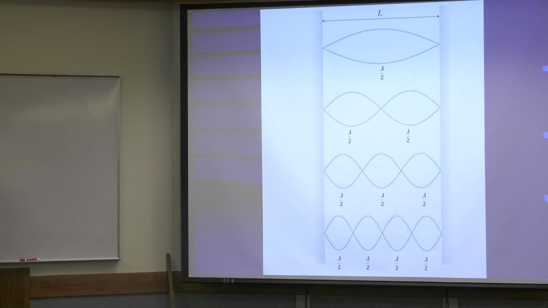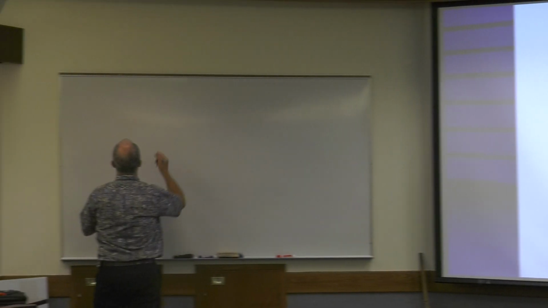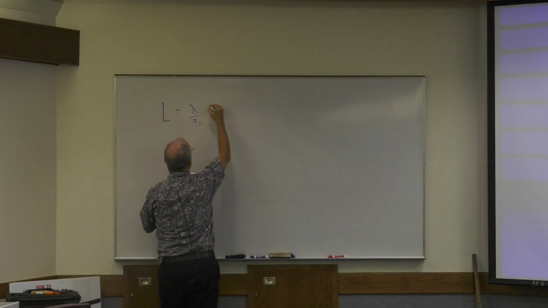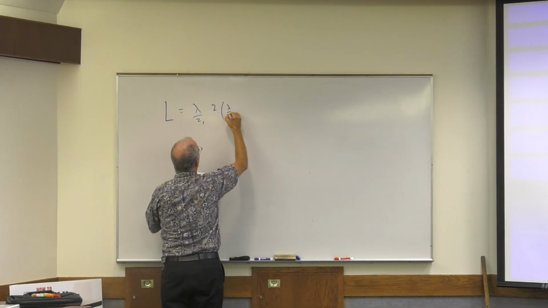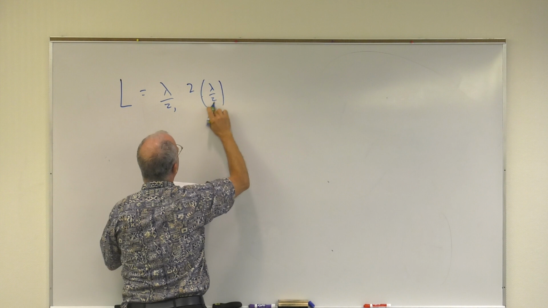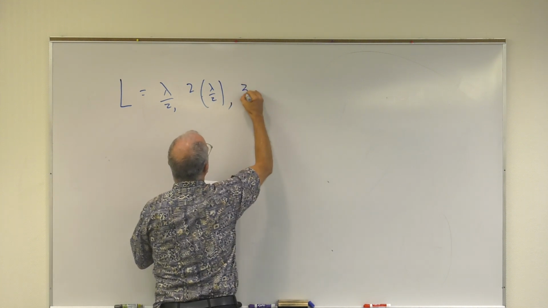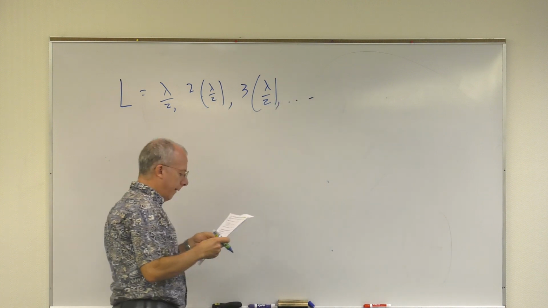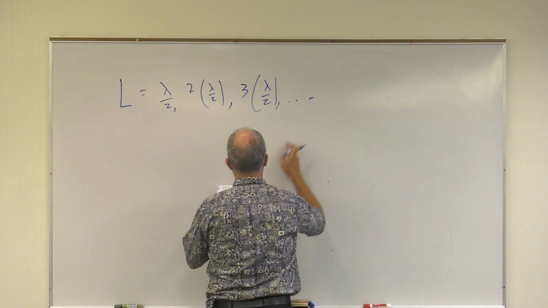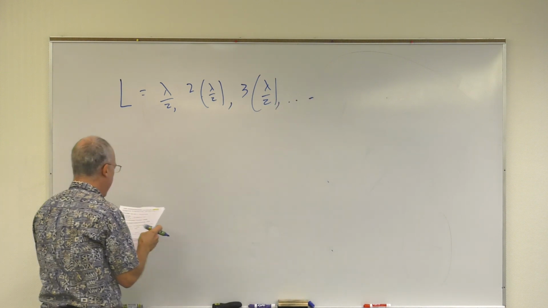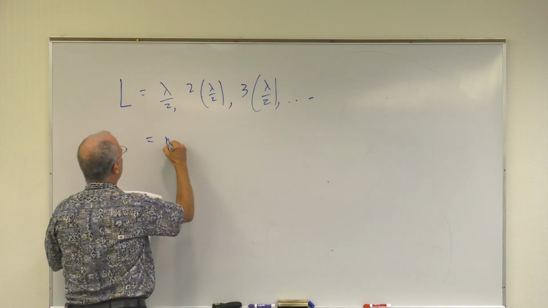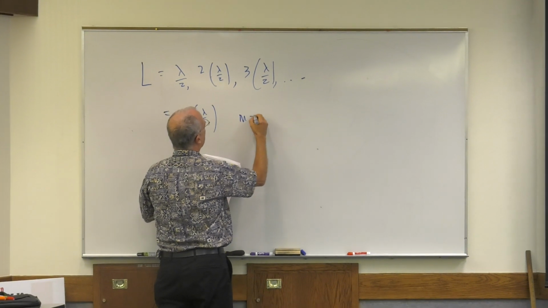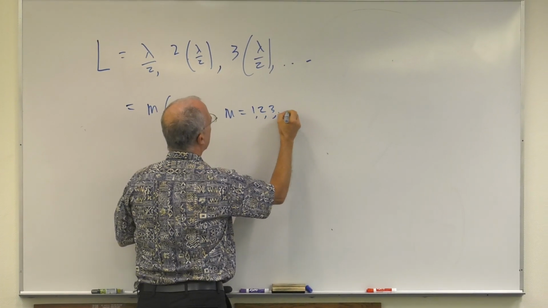The possible string lengths are lambda over 2, 2 lambda over 2, 3 lambda over 2, and so forth. We can just say m lambda over 2, where m is 1, 2, 3, and so forth.